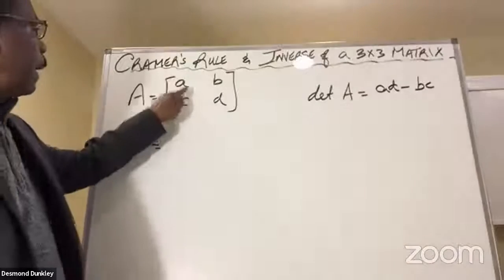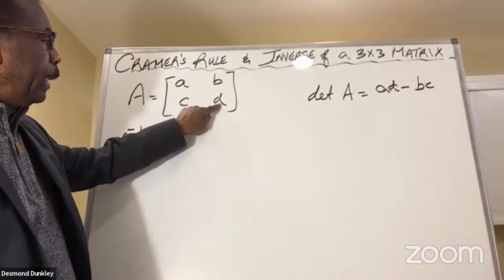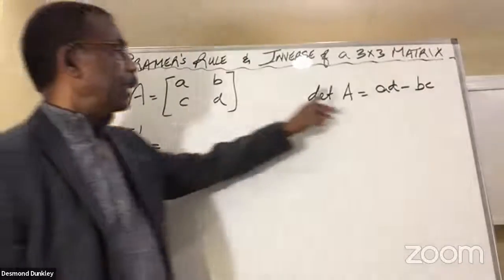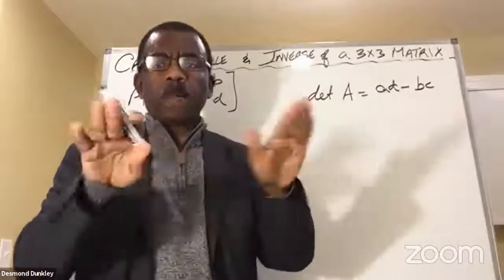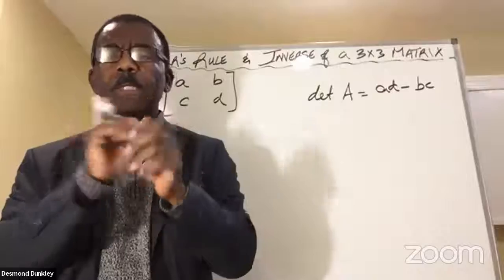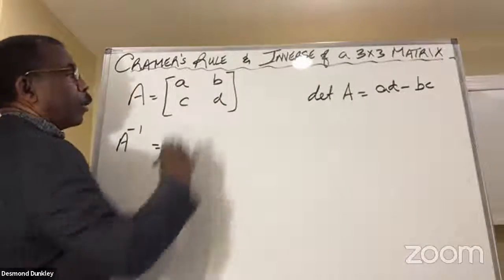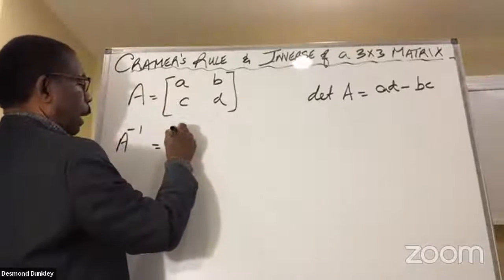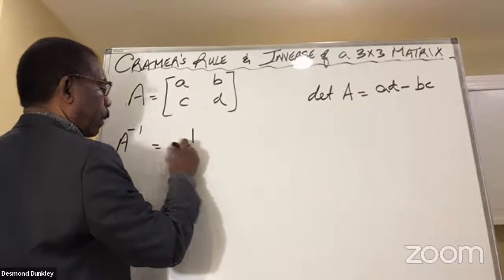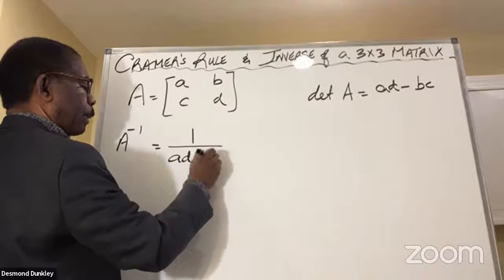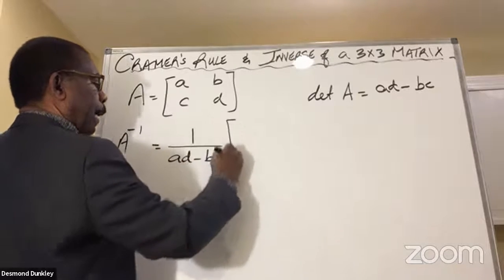The determinant of A is this times this, ad minus b times c. If this is 0, you stop. It means that the inverse matrix does not exist. Okay? Then you take that number and you multiply the reciprocal. That is 1 over ad minus bc times.